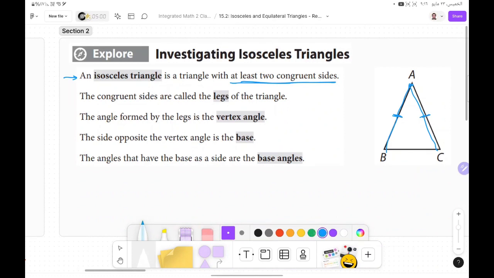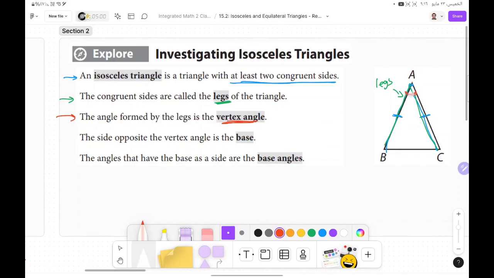Then we have the legs. The congruent sides are called legs, so AB and AC are the legs. Then the angle formed by the legs is called the vertex angle. Where is the vertex angle?